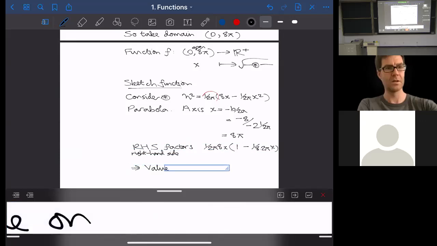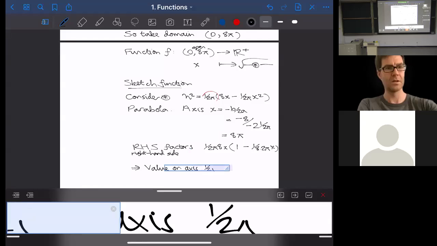So we can calculate the value on axis by putting x into this formula.